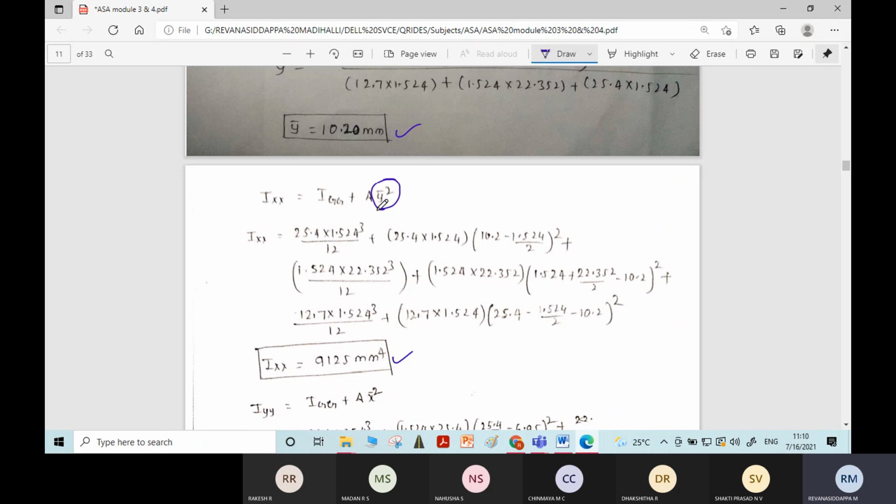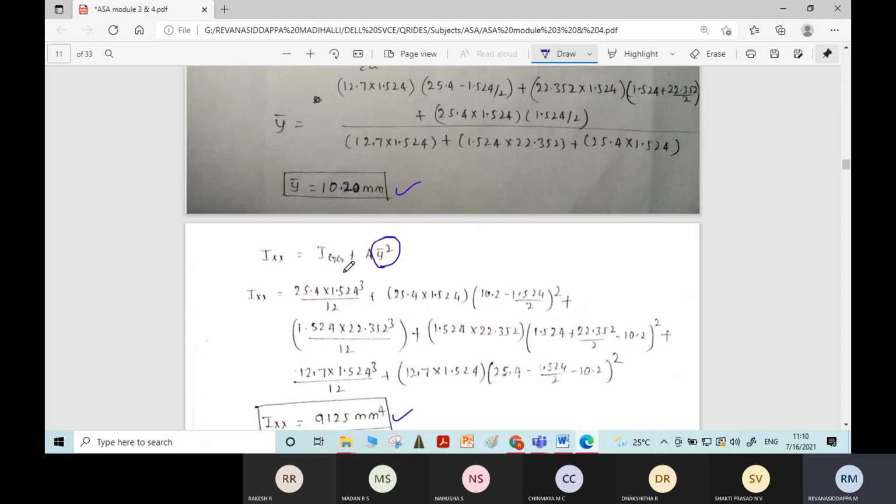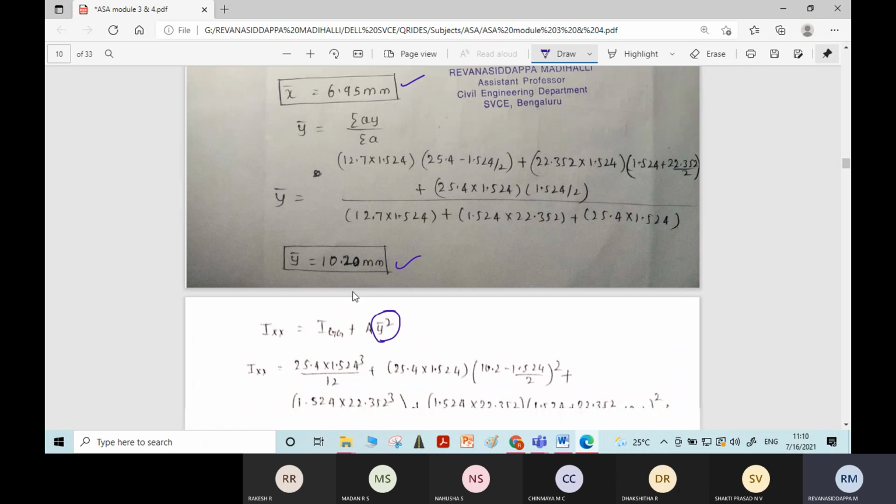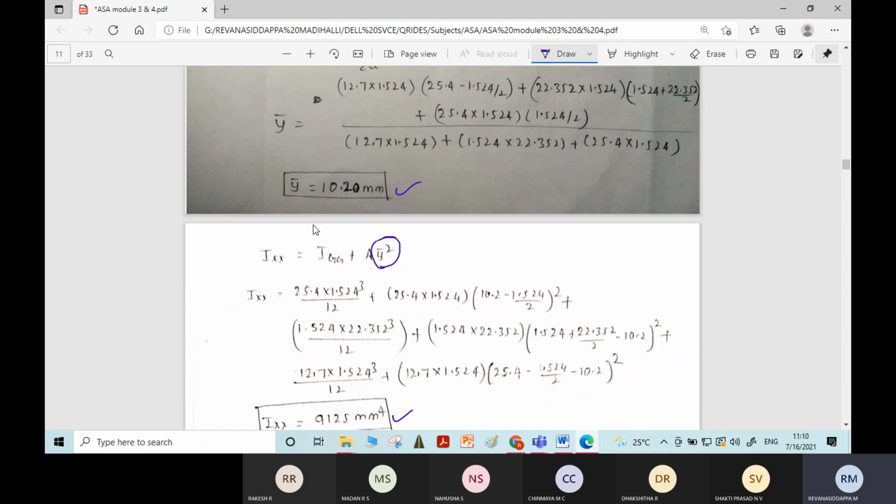Moment of inertia about x-axis is equal to Igg plus A into y bar square, where Igg is the moment of inertia about their own centroidal axis of each component, each rectangle. Igg for example, for rectangle 1, bd cube by 12 is the formula for moment of inertia about their centroidal axis.